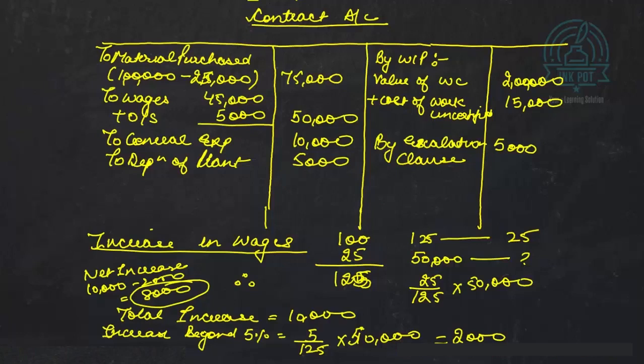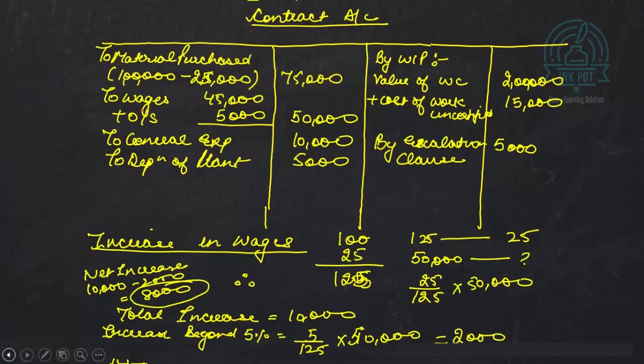So let me calculate the profit. This is 2,15,000 plus 5,000 comes out to be 2,20,000, and here the total is 75,000 plus 50,000 plus 10,000 plus 5,000, 1,40,000. 2,20,000 minus 1,40,000, the profit is 60,000.